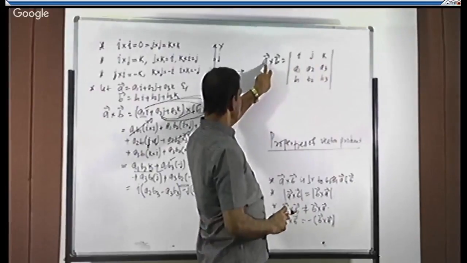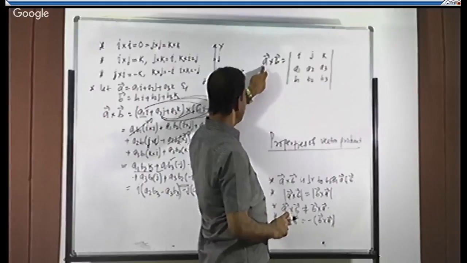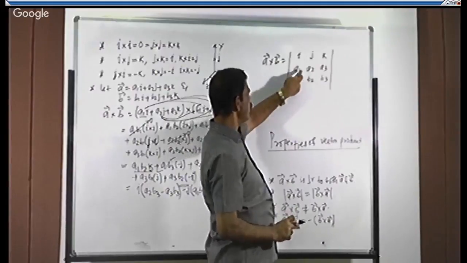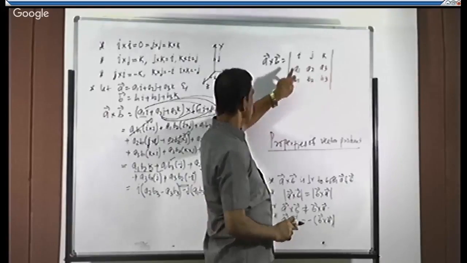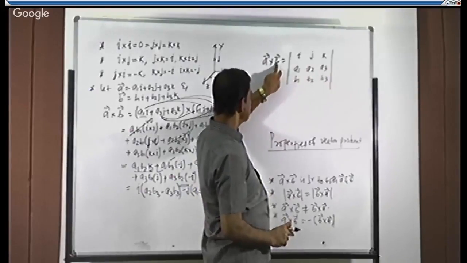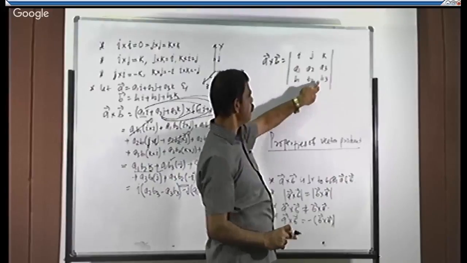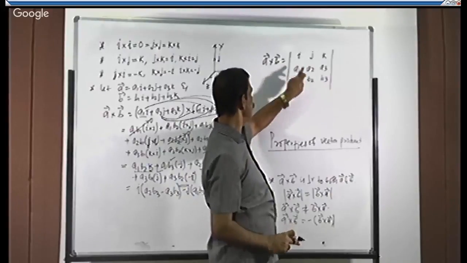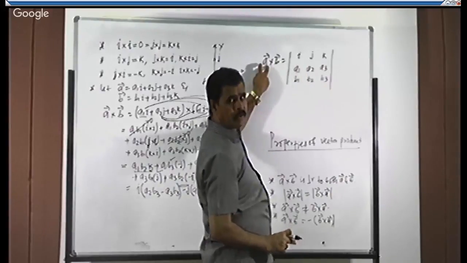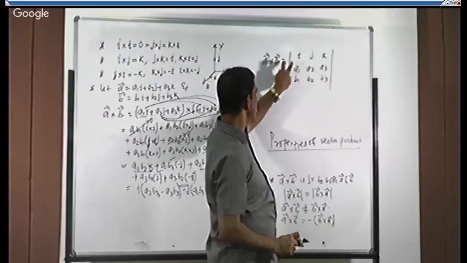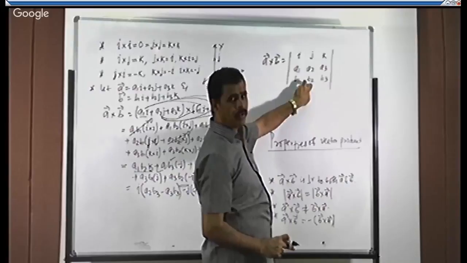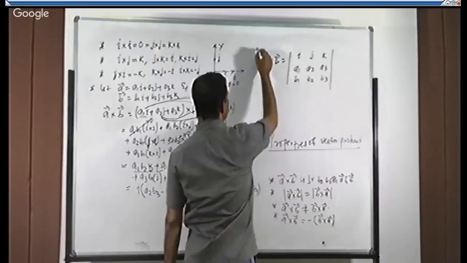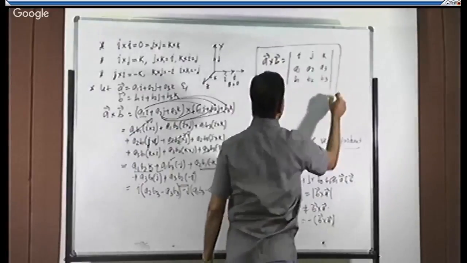We have taken A cross B. In that case, the A vector constants A1, A2, A3 are taken as the second row. The second vector is B, whose constants are B1, B2, B3. You take the constants in the first vector as the second row, and the constants in the second vector as the third row. This will be the cross product formula.